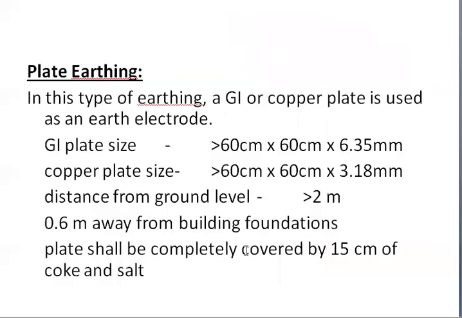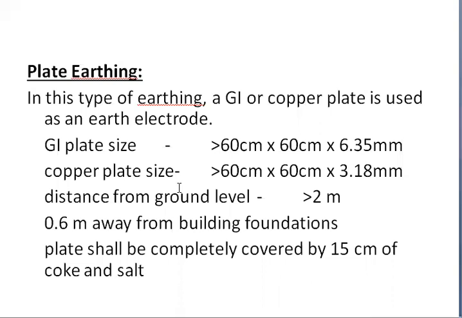And coming to the next one, that is plate earthing. In this type of earthing, a GI or copper plate is used as an earth electrode. According to ISI standards, the GI plate size should be greater than 60 centimeters by 60 centimeters by 6.35 millimeters. And the copper plate size should be greater than 60 centimeters by 60 centimeters by 3.18 millimeters.